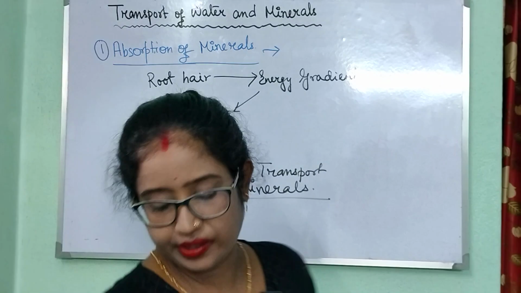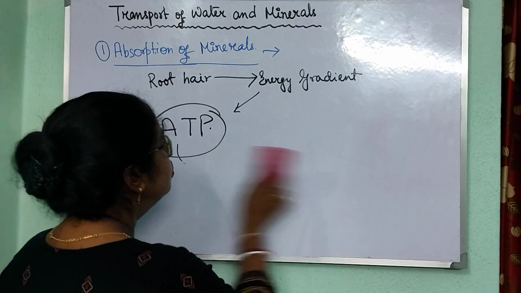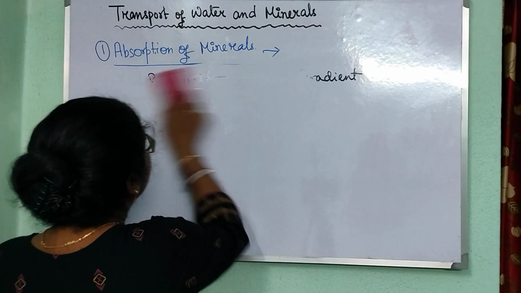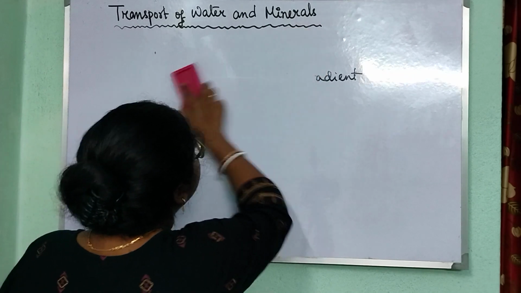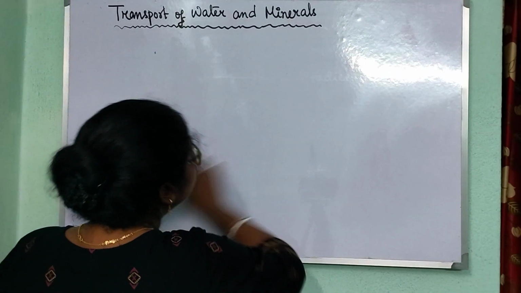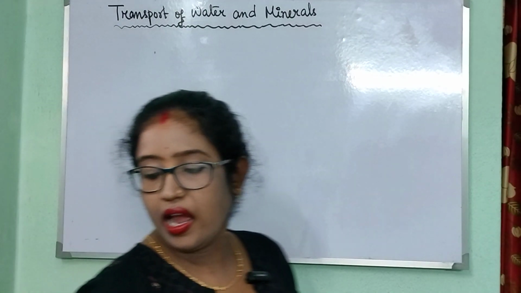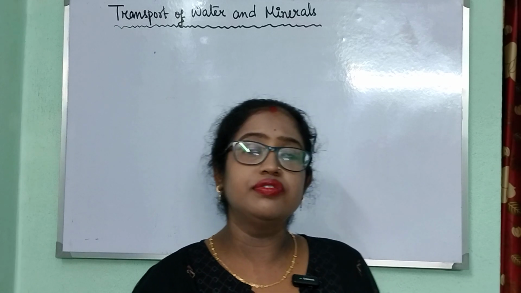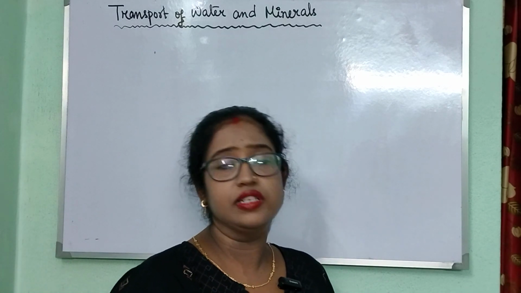Next topic is ascent of sap, or upward movement of sap. Means the water absorbed by the root hair is required in the process of photosynthesis and to fulfill the demands of the stem cells and the leaf cells.